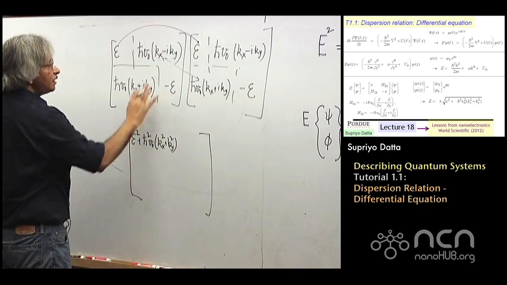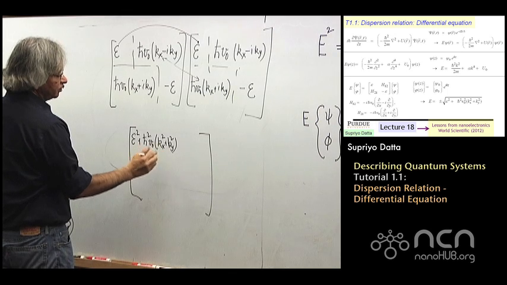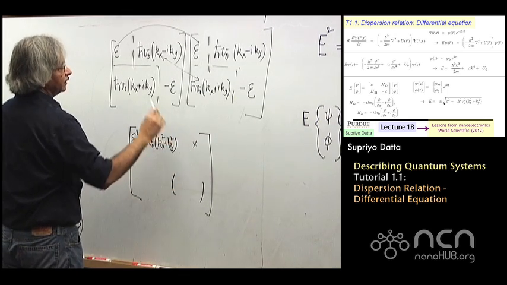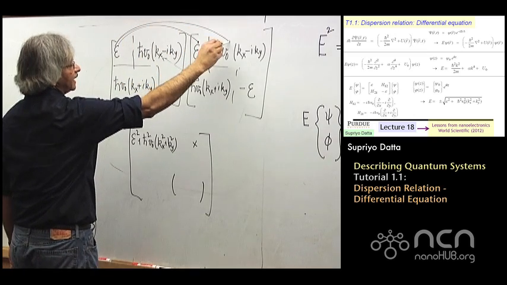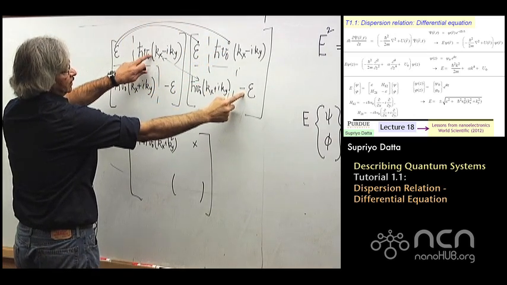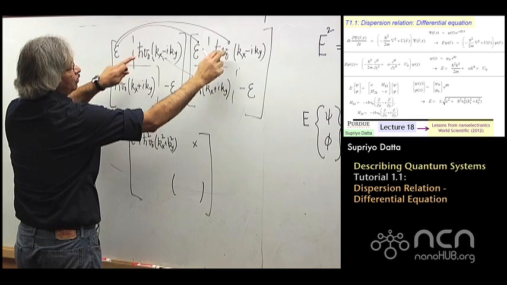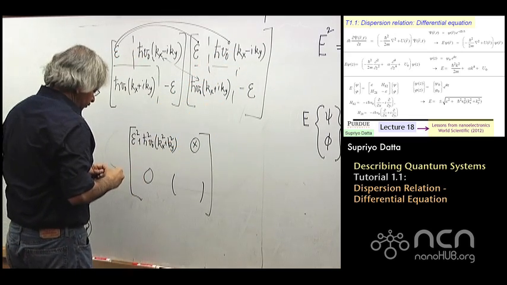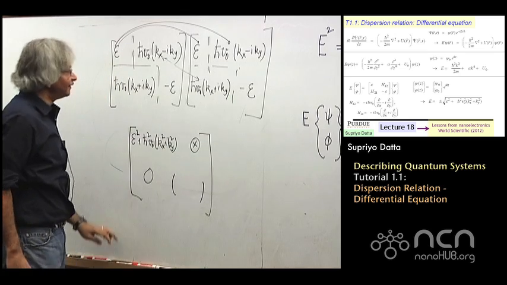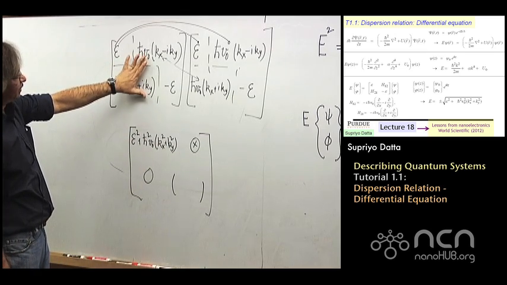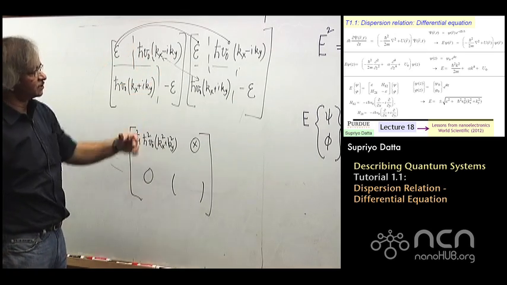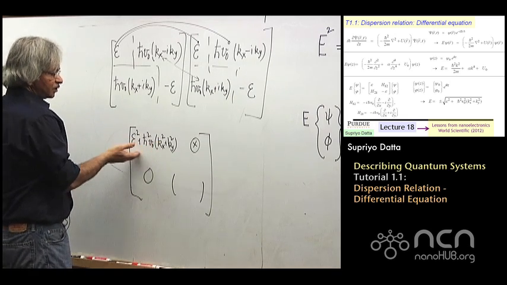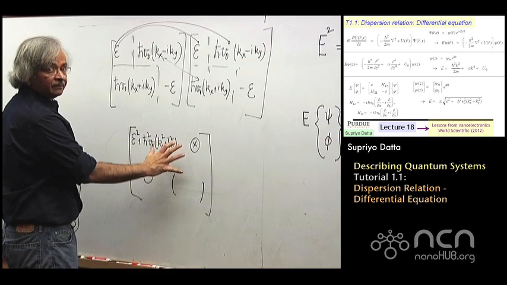Okay. So in the diagonal you'll get that, same here. But if you look at the off diagonal, it will be epsilon times that minus epsilon times that, and so those two will just cancel out. So this will be 0 and this will be 0. In other words, we have managed to write down a matrix operator such that its square is equal to the dispersion relation we want, times I.